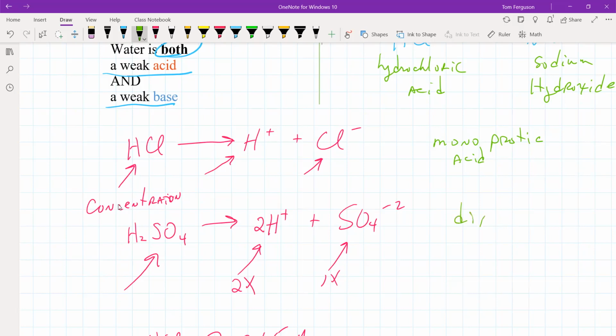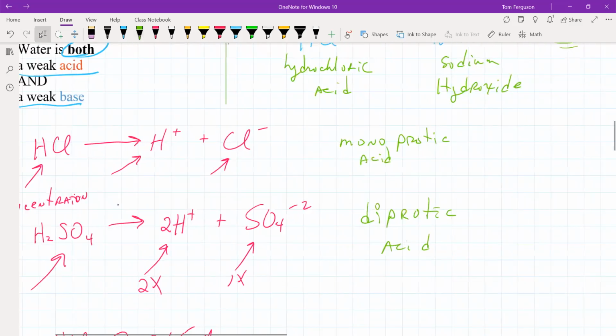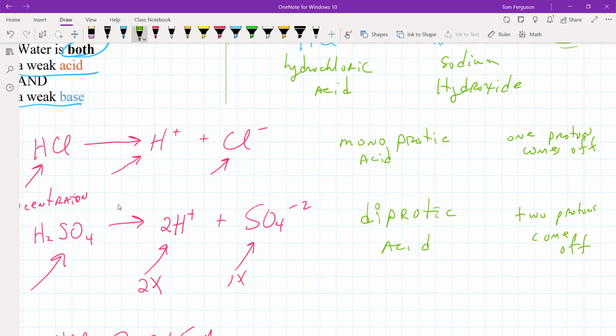If we have a diprotic acid, two protons come off. So you're not going to be working with diprotic acids till you get your next chemistry class. In this class, we're doing monoprotic only.